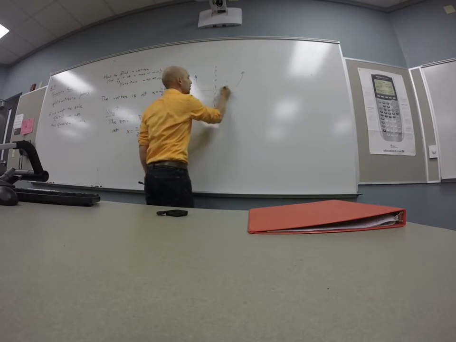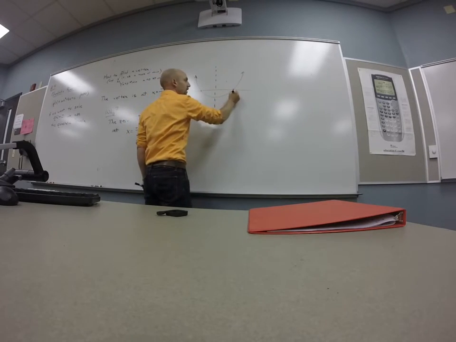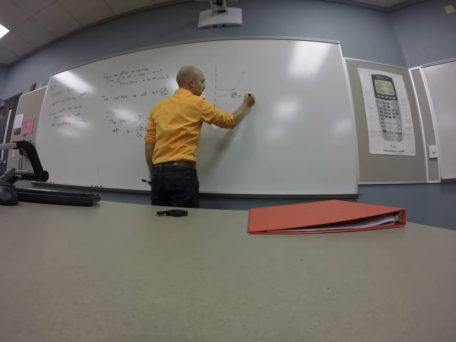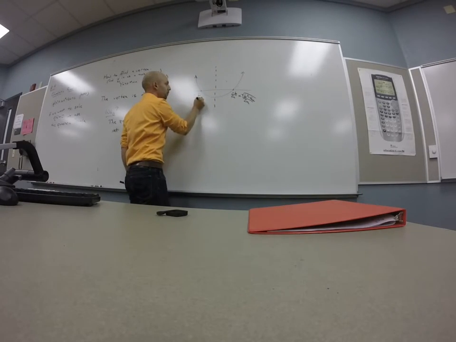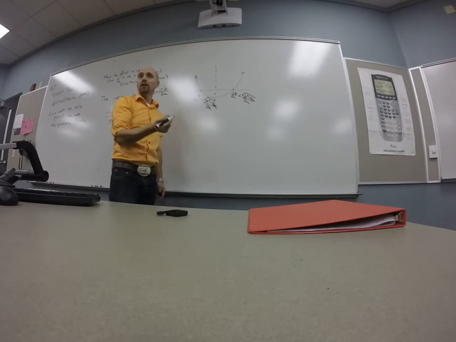If those zeros happen, say here and here, these are negative b over 2a plus the square root of b squared minus 4ac over 2a, and negative b over 2a minus this business.